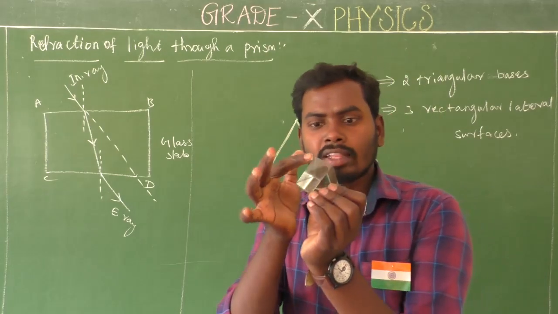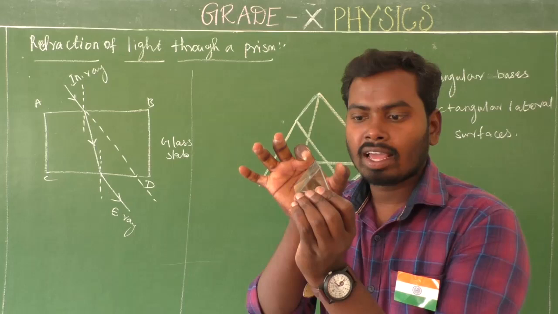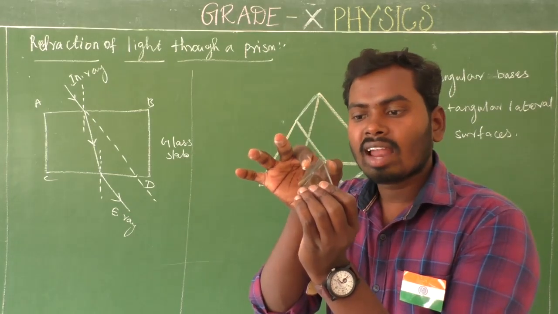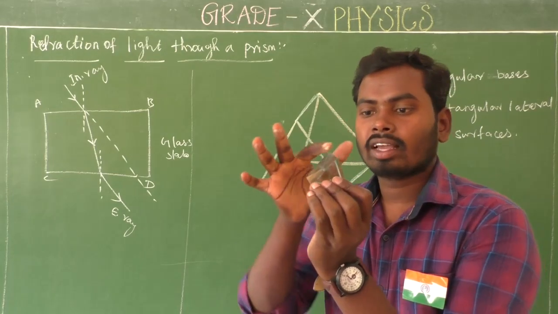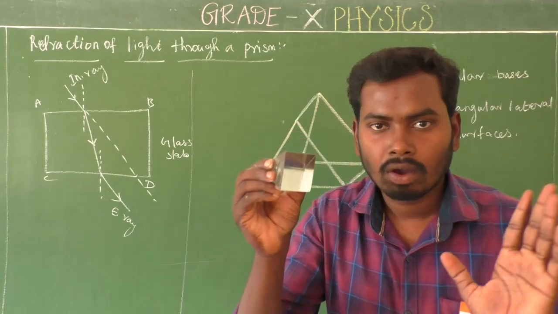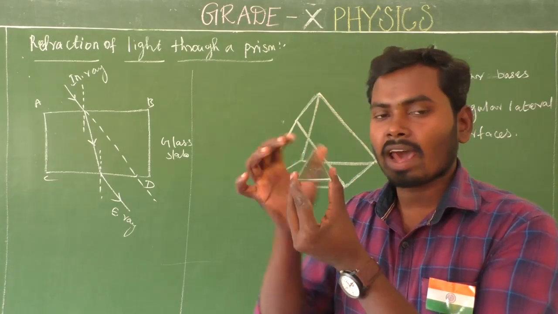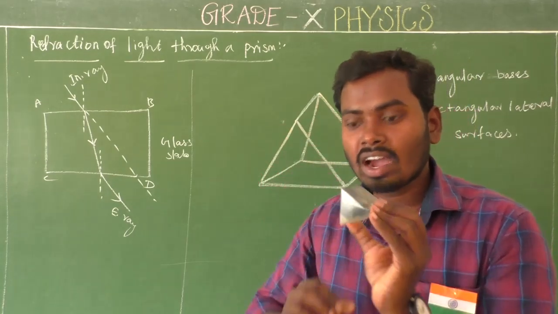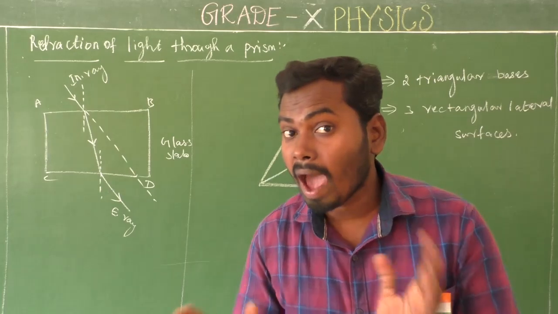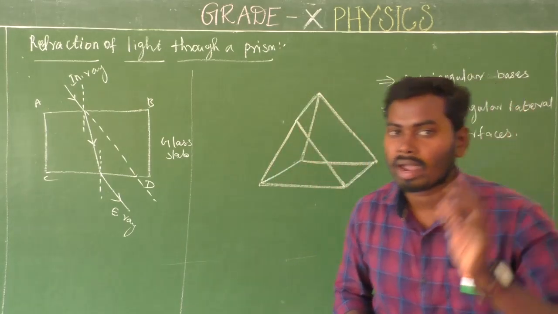Look at here, this is not parallel. Actually this is inclined at an angle. The two surfaces are placed inclined at an angle. This triangular bases are parallel to each other, but the rectangular lateral surfaces are not parallel to each other. That is a very, very important concept. Keep that in your mind.